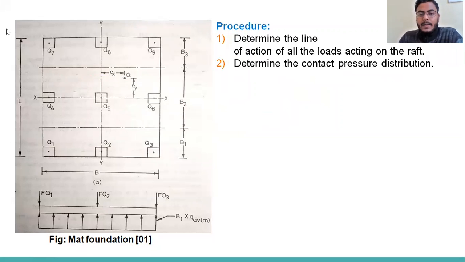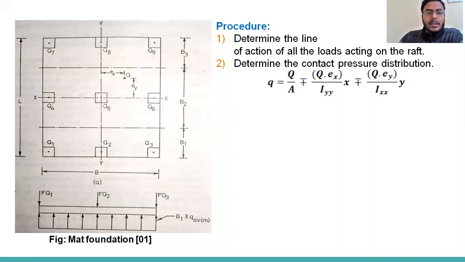Now we can calculate the contact pressure distribution using this relation. If the resultant load coincides with the centroid, then x bar will be B by 2 and y bar will be L by 2.